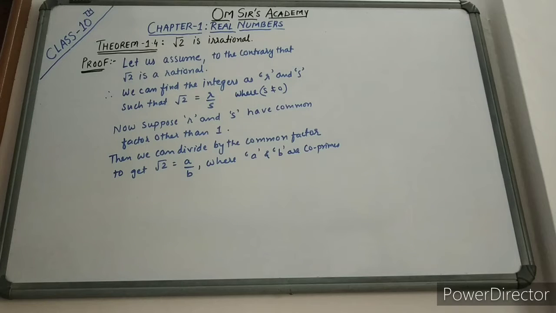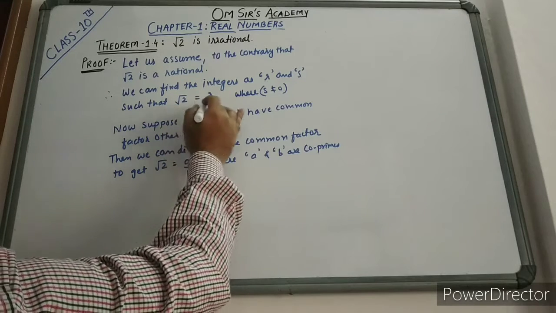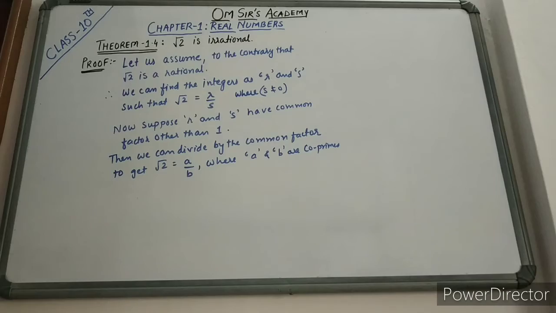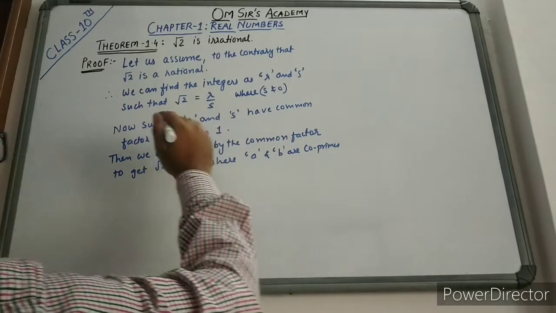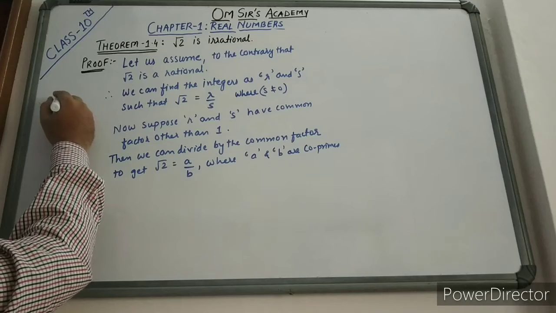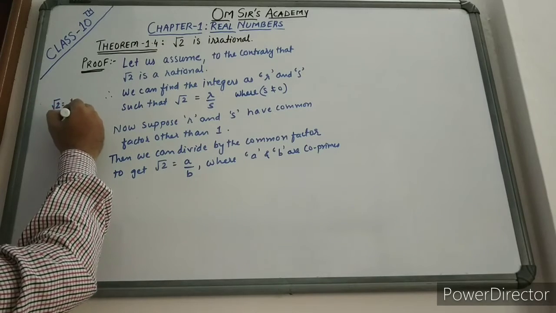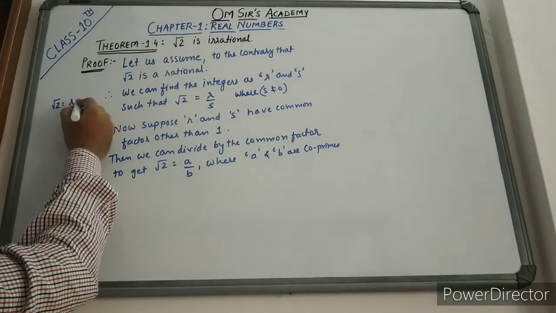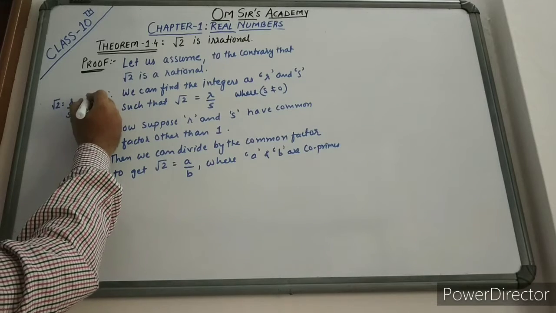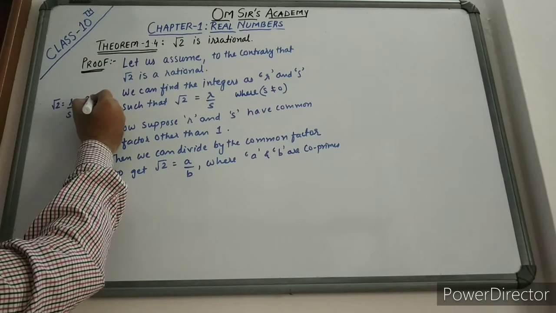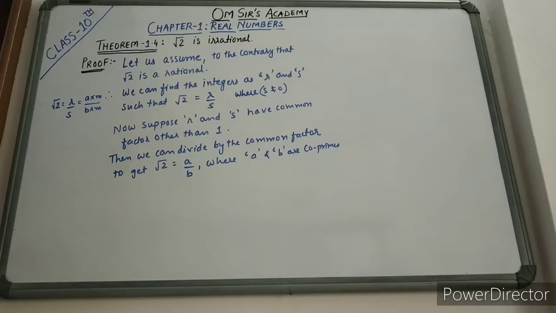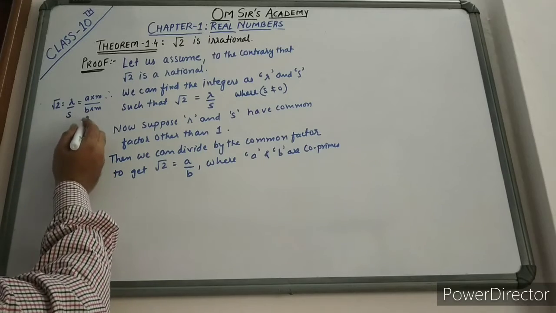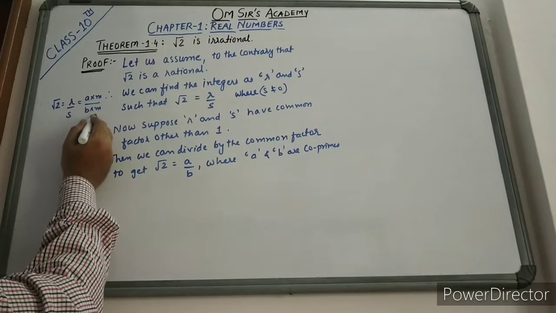Now what does this say? We assume root 2 is R upon S, and R upon S have some other common factor. Say for example, root 2 is R upon S, where R is something like A into M and S is something like B into M. So what is the common factor? M was the common factor.